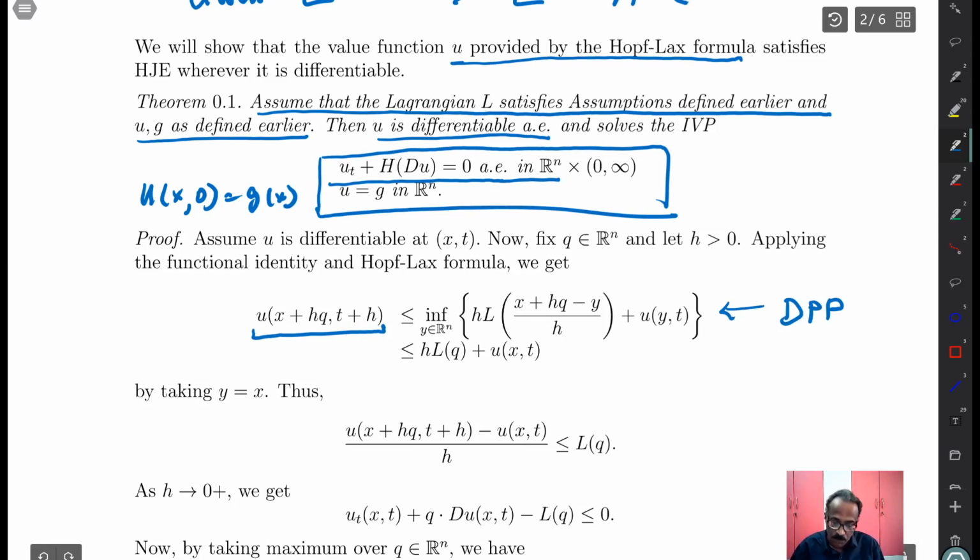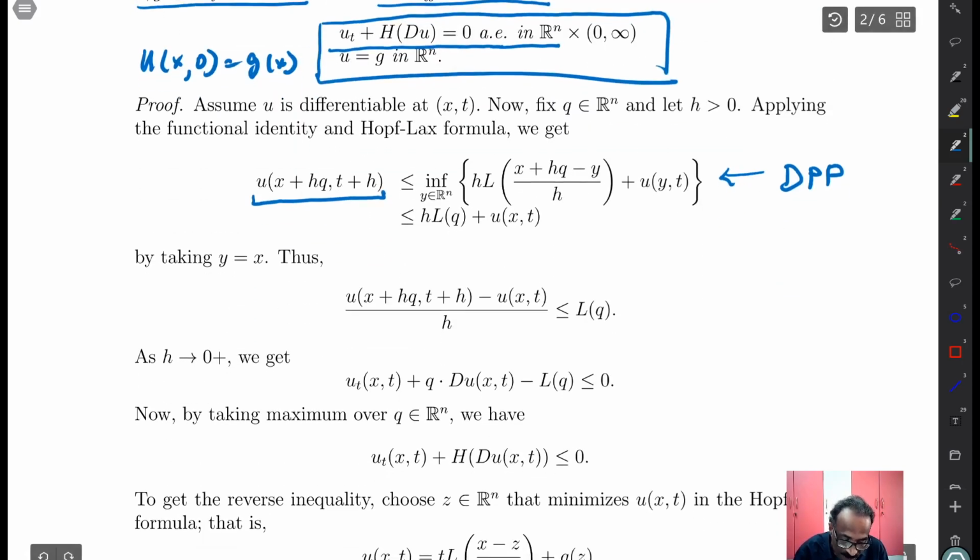Okay, you have the dynamic programming principle, and this is an infimum. So you can choose y equal to x, and then the terms cancel, you will get this equation. So if you take (u(x+hq,t+h) - u(x,t))/h, it is less than or equal to L(q). So if you take the limit as h tends to 0, you will get the full derivative.